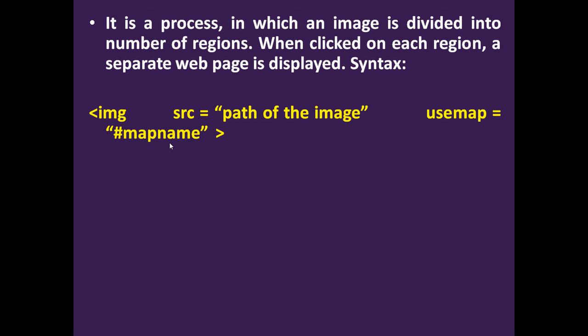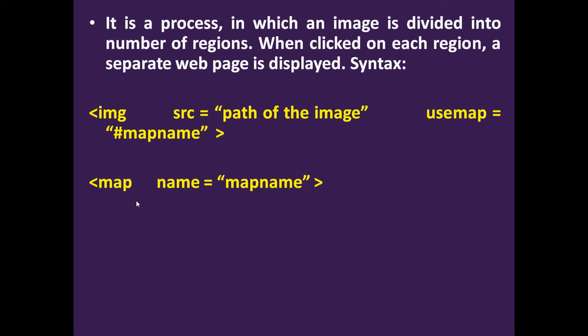However, this map name must be preceded by a hash symbol. This we have to remember. Map name must be preceded by a hash symbol. So with that, the image will be converted into a map.